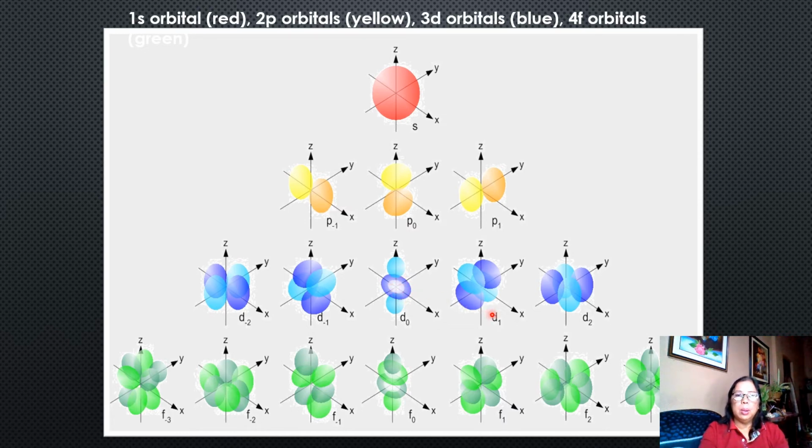And then you have also d1. Again, the main is found in the y. Can you see that? Y. And then the other one is found in the x. So and so forth.